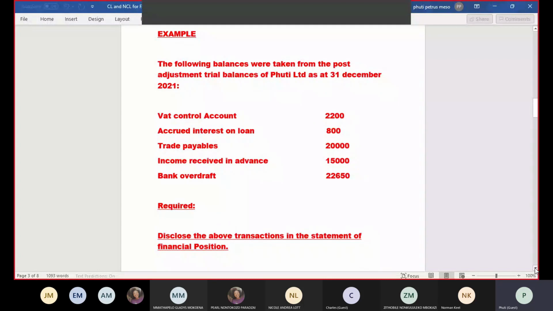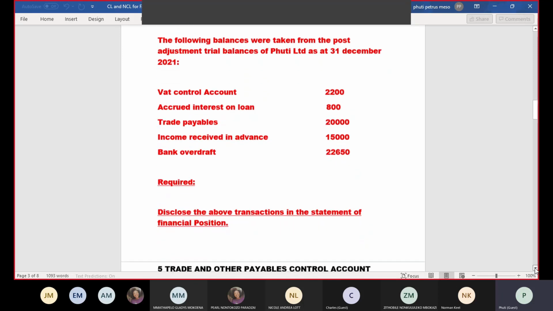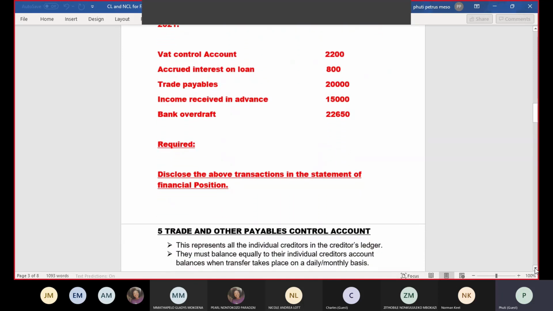All right, there's another example here. I know we're running out of time, so I'm just going to be quick on that one. The following balances were taken from the post adjustment trial balance of Pooty Limited as at the 31st of December 2001: the VAT control account, the accrued interest and loan, trade payables, the income received in advance and the bank overdraft. So we're proving what I was just explaining to you now in terms of the disclosure under the statement of financial position.